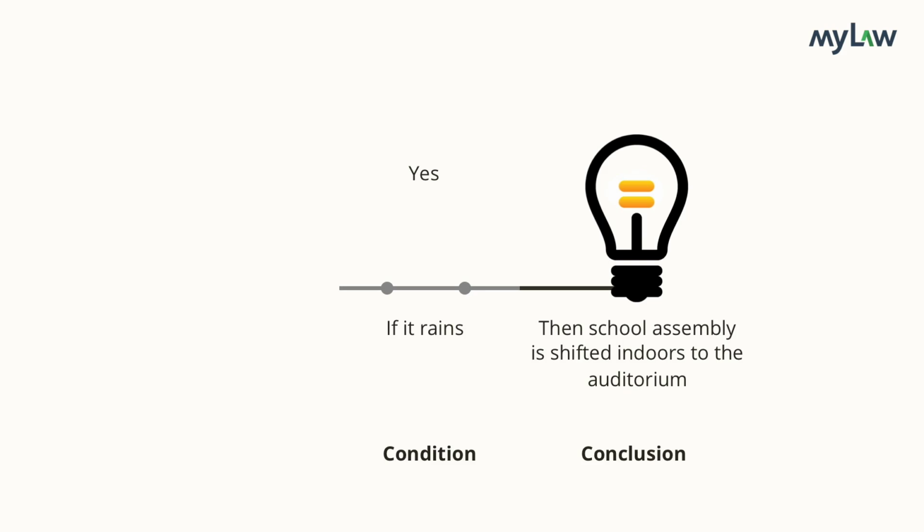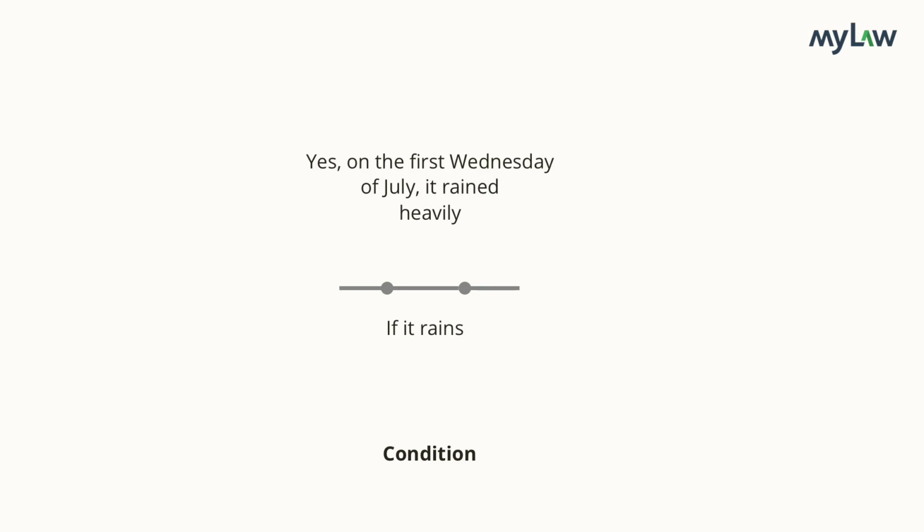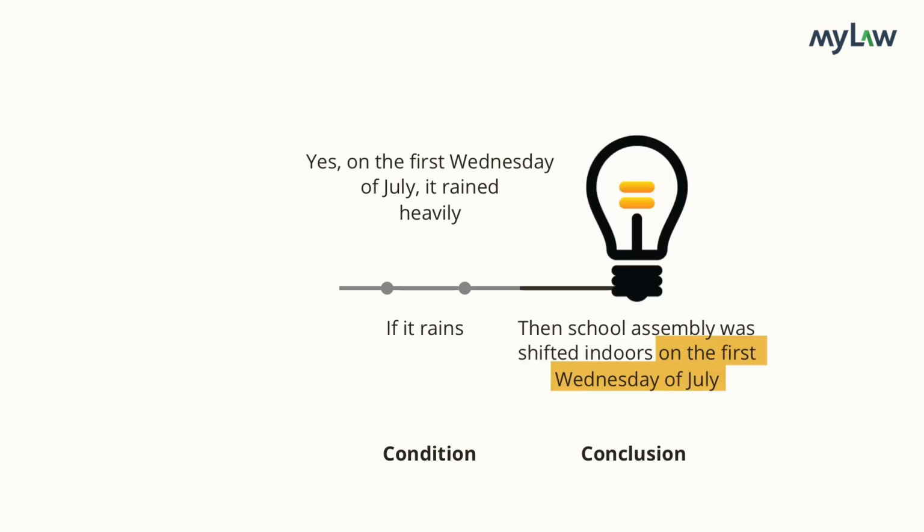It is reasonable. If it is off, then we cannot arrive at that conclusion. Now, if we look at the second reason, we also know that on the first Wednesday of July, it rained heavily. The condition is therefore satisfied and the switch is on. We have to conclude that the assembly was shifted indoors on that day.